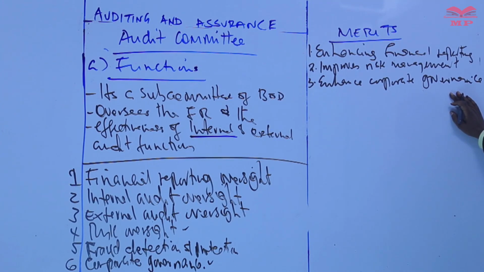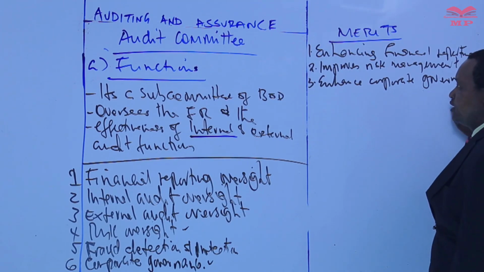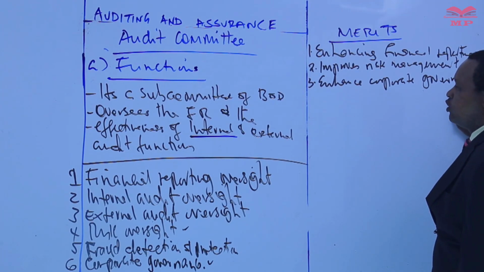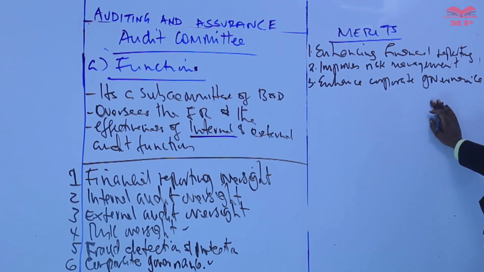This committee can also ensure that the organization is complying with applicable laws, applicable regulations, also adherence to the code of corporate governance, the various codes of corporate governance, as well as the best practices in corporate governance.